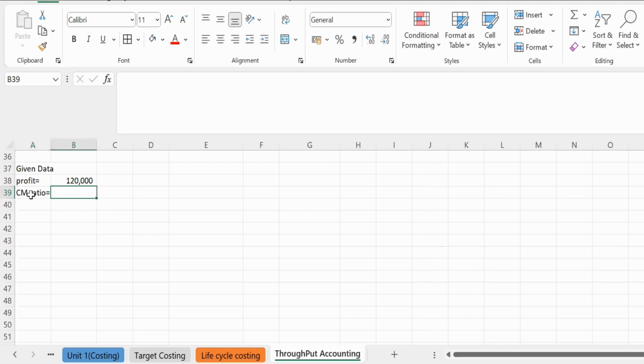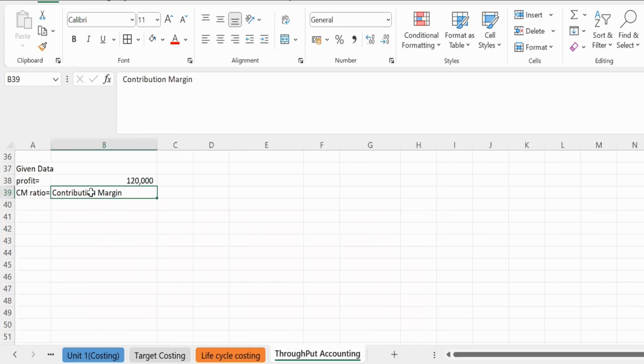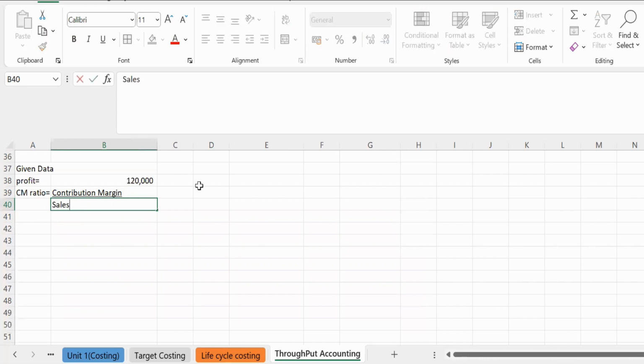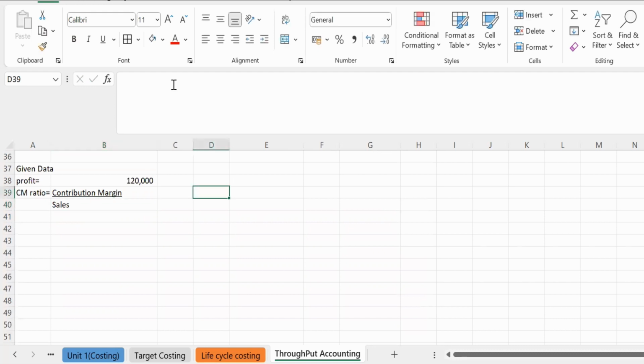Bayibona gute? Dufata contribution margin. Please remember, ukuntu tubona contribution margin ni gufata sales uvanyemo variable cost, nk'uko tumaze kuvuga mu kanya. So, contribution margin, you divide it by sales revenue. Is it okay?